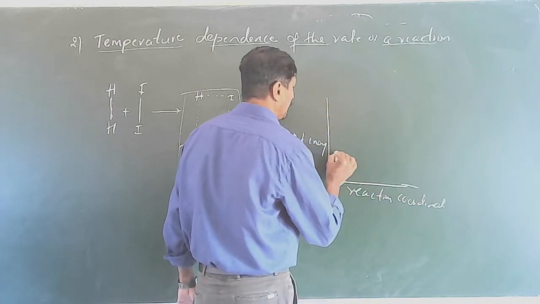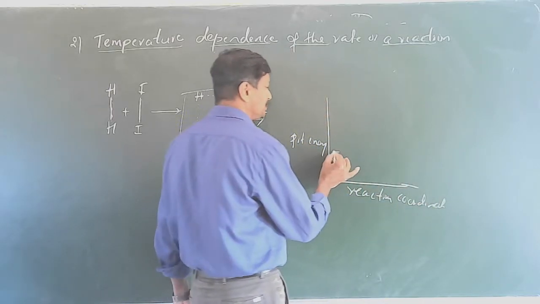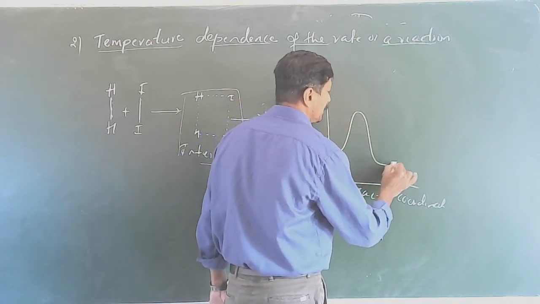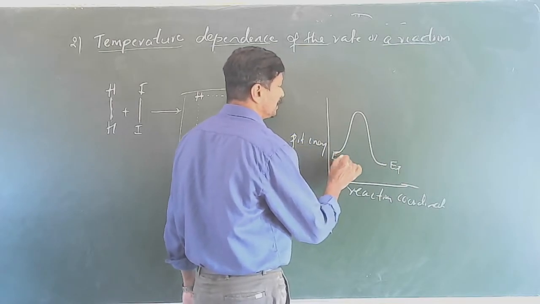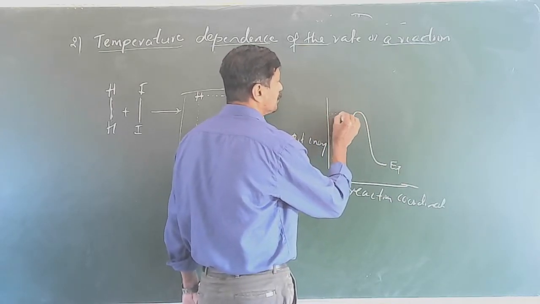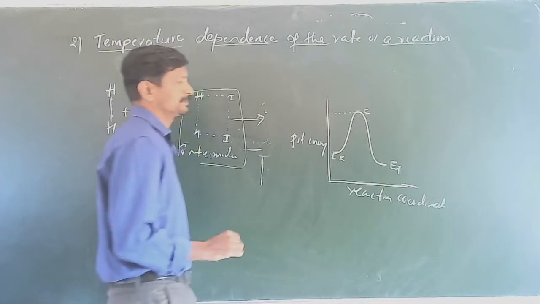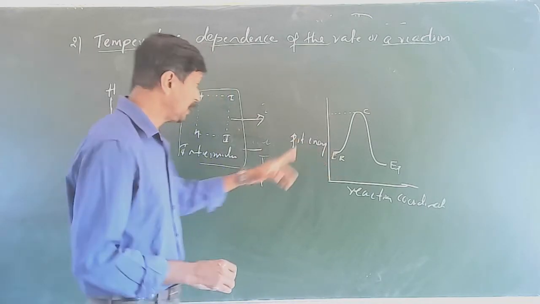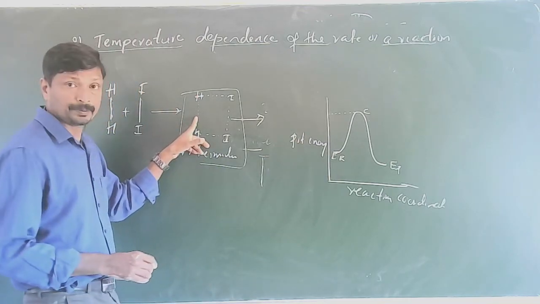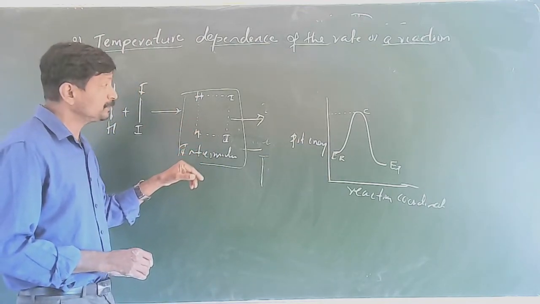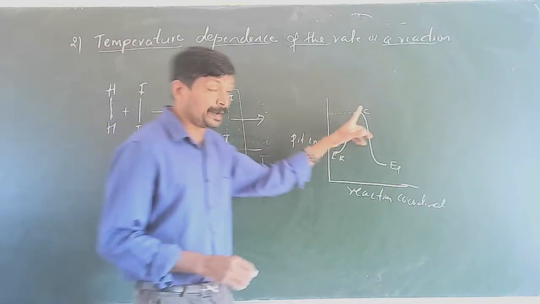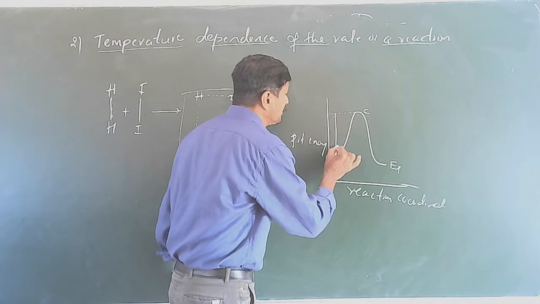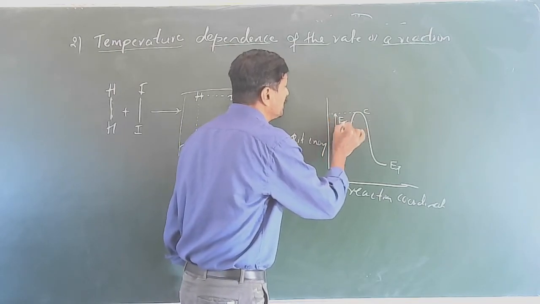Here, this is the normal energy of the reactant, and this is the energy of the product. This is called the activated complex. The reacting molecules collide to give an intermediate, and this intermediate is called the activated complex. The energy required to form this activated complex is called activation energy.